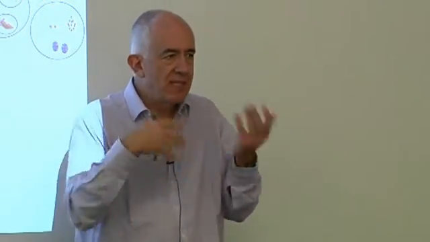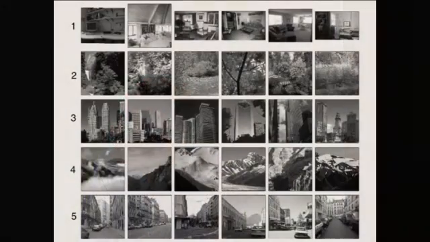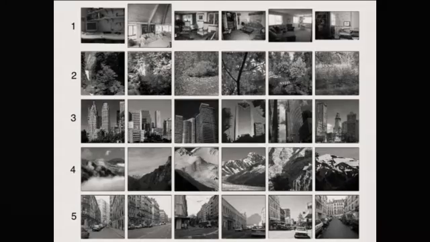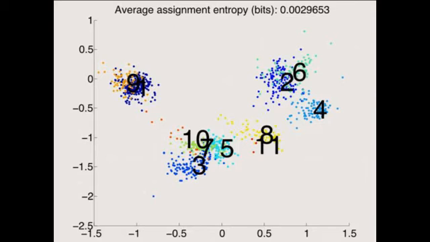And so you try to mix things up and to get lots of measurements. I'll show you quickly some experiments. One we did was on the popular 15 scene category data set used in computer vision. This was in 4 dimensions, and we'll only show you 2.